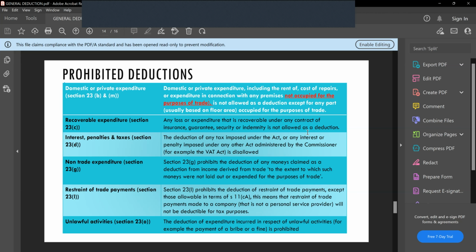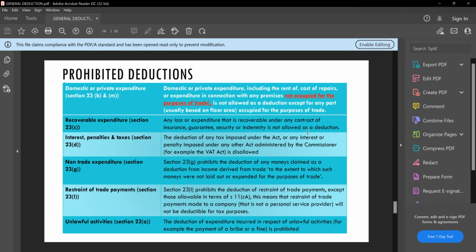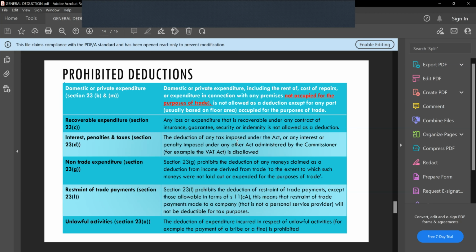If the assets catch a fire or something, the company can't claim that as a loss in terms of the general deduction formula if the insurance company will be indemnifying or paying back the company for the loss, right? So they can't claim that as a deduction because there is an indemnity there. The company will recover the expense. So you can't recover the expense and then claim it in terms of the general deduction formula.